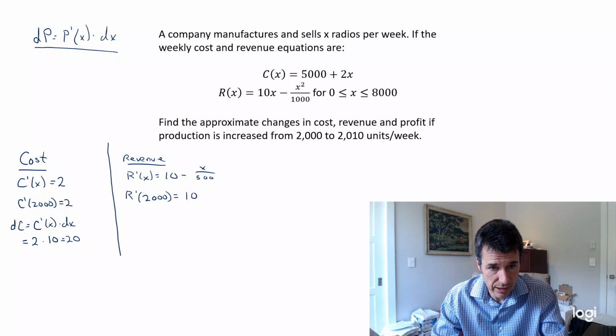So that's 10 - 2,000/500, which is 10 - 4, so 6. And so now the approximate change in revenue, which is the marginal revenue times dx, is going to be 6 times 10 equals 60.